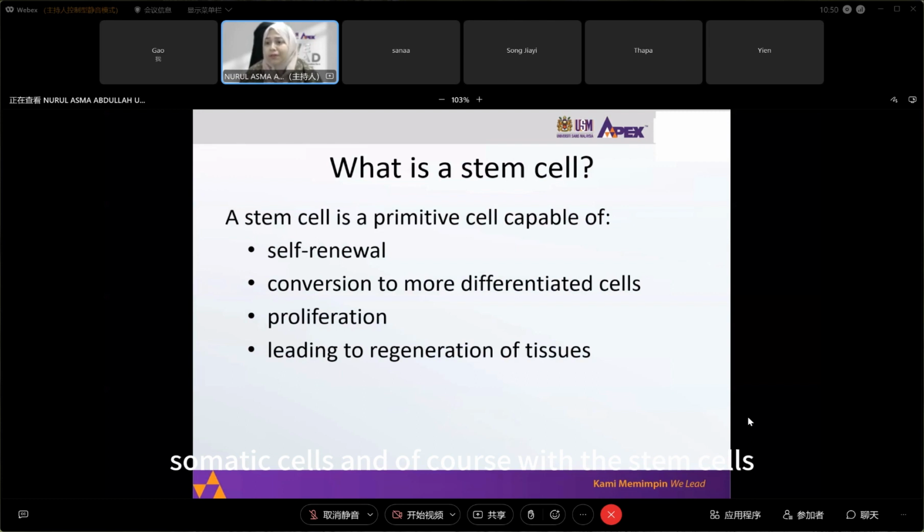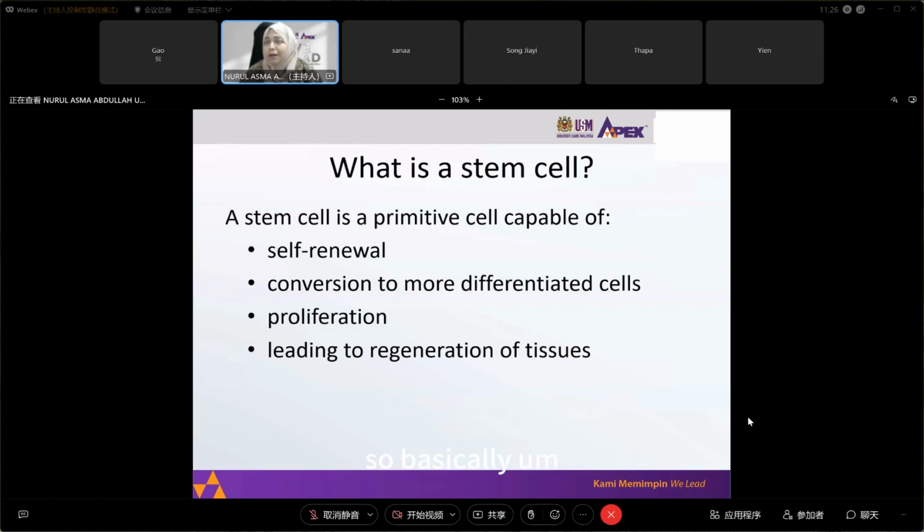And of course, stem cells have an excellent proliferative activity or proliferative response. So if you are using stem cells, for example, to regenerate, repair or replace certain tissues, stem cells are a good source of cells because they have a very high proliferation activity, which leads to the regeneration of the target tissue.